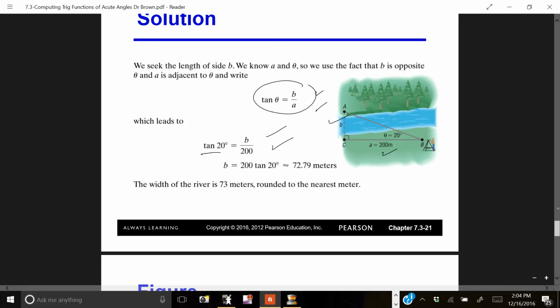So putting in tangent of 20 degrees, we get, by cross multiplying, that B is equal to 200 tangent of 20 degrees, which is 72.79.